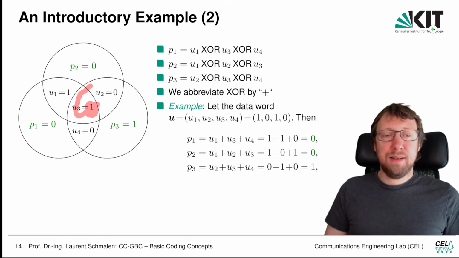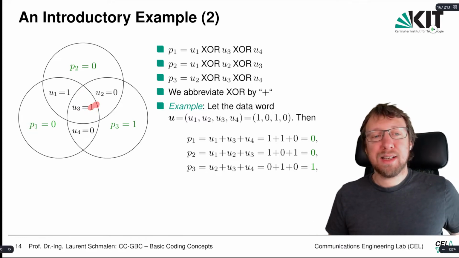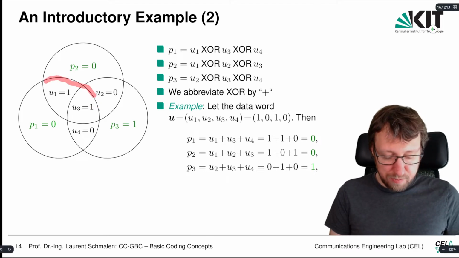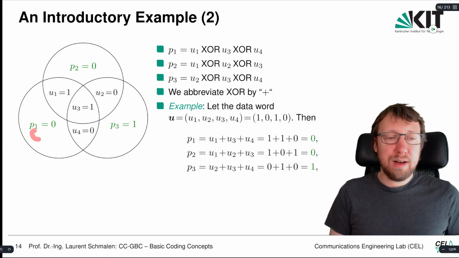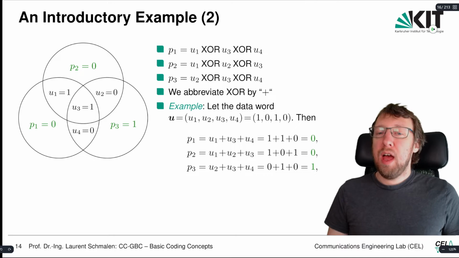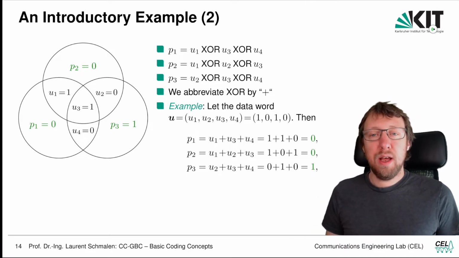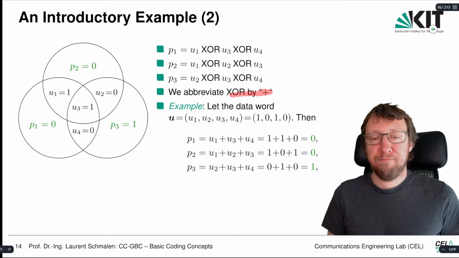And we see that we obtain the parity bits by taking the exclusive OR operation of our information bits. So U1 XOR U3 XOR U4 will give us P1. And we saw that the XOR operation corresponds to the addition in our field GF2. So we can abbreviate the XOR by a plus.